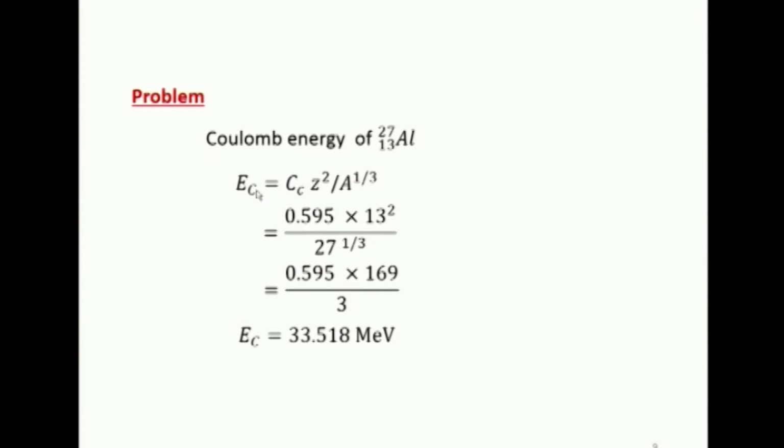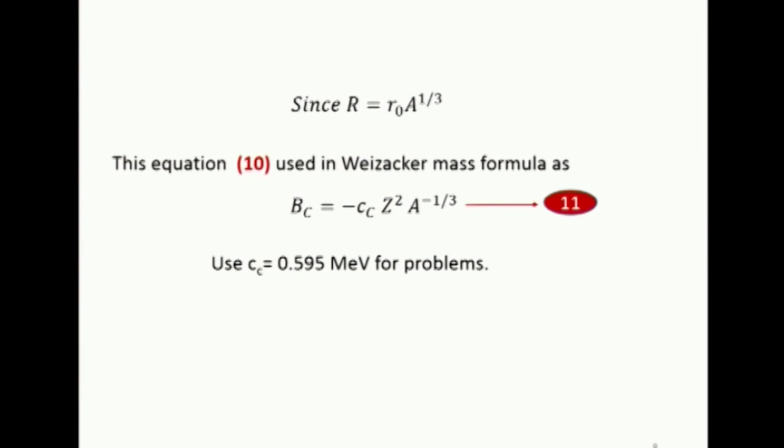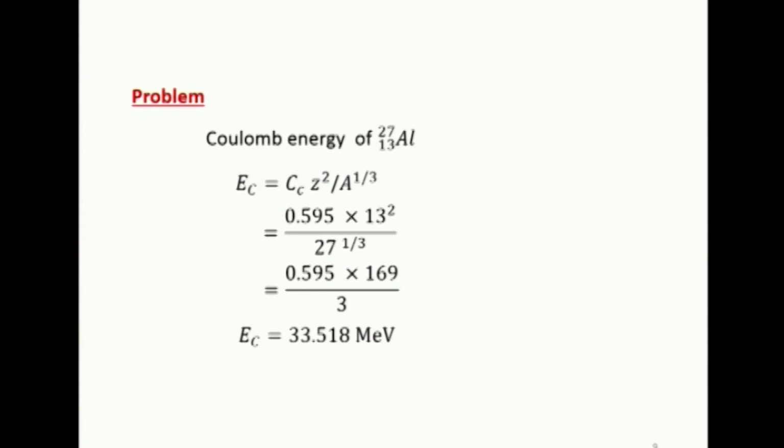Already we have written EC equals Cc Z squared by A power 1 by 3, and this Cc is 0.595. Substituting, 13 squared is 169, and the cube root of 27 is 3.